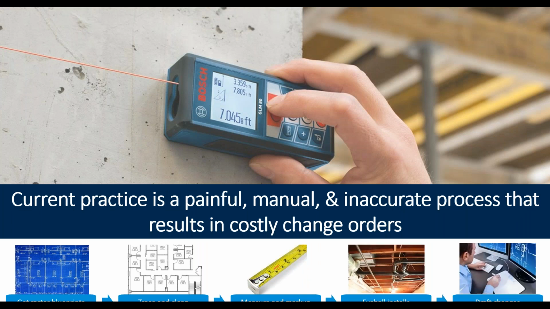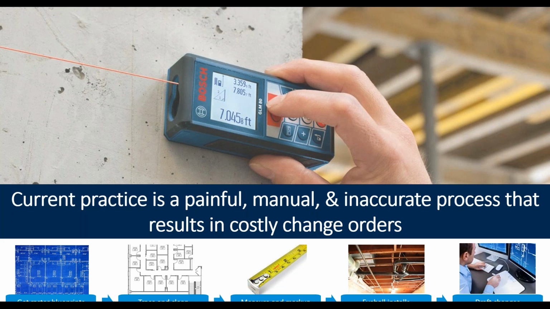If we're going onto the construction side, this is something you would always see. It is very painful, manual, and also inaccurate. Looking at the infographics at the bottom, first you get the blueprints or hard copies on site. You need to trace and align the as-built nature of the building versus your original design intent.